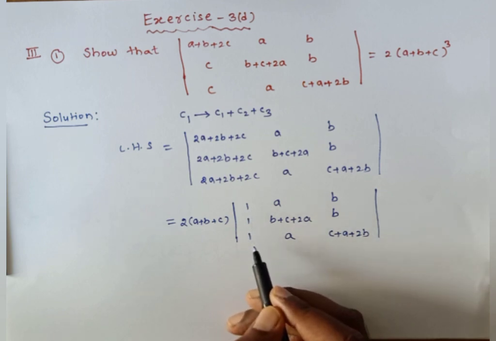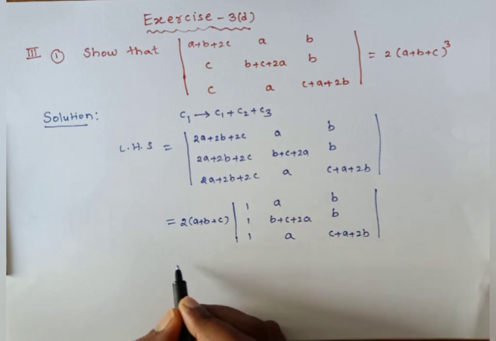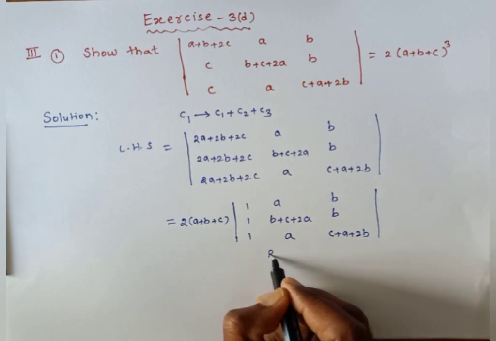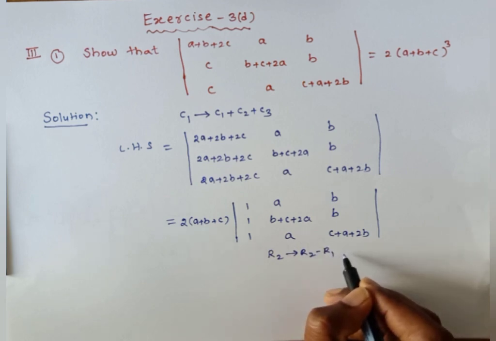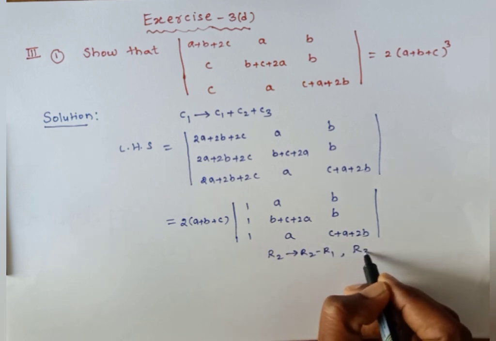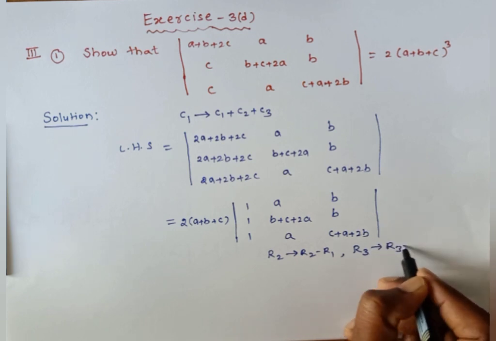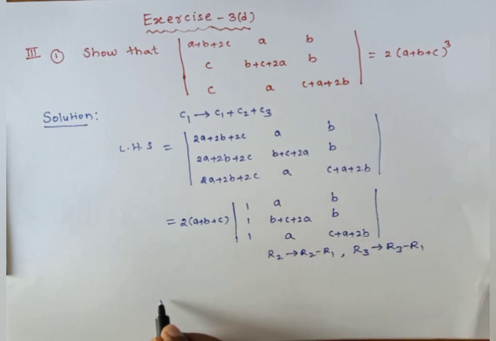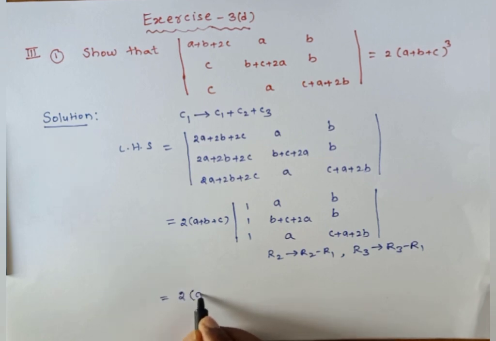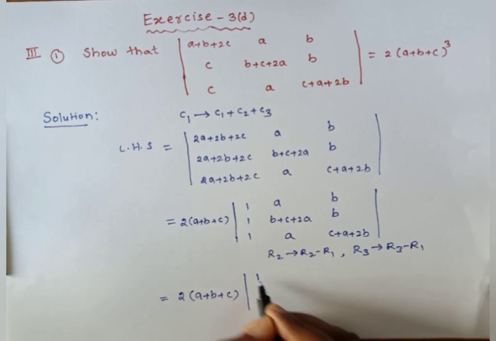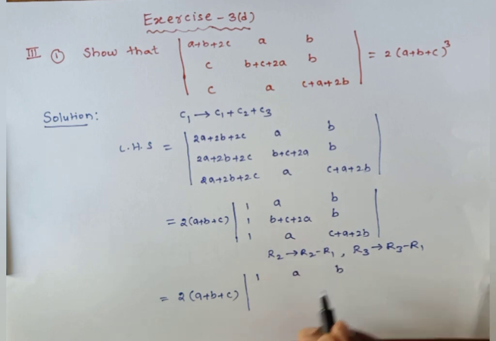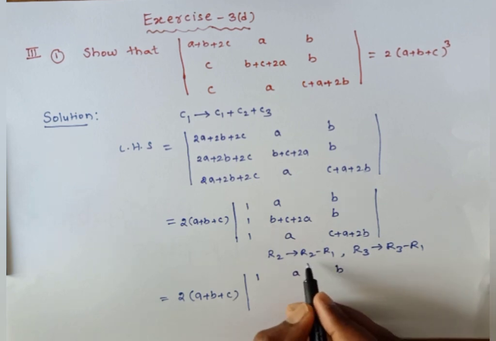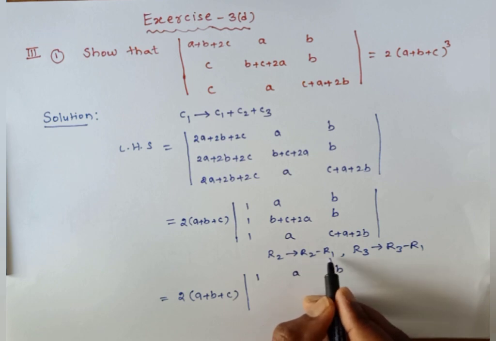On applying the row operation R2 minus R1 and one more operation for row 3, that is R3 minus R1, see here, this is 2 times (a plus b plus c) times the determinant. There is no change in the first row, so first write down row 1: 1, a, b. Now there is a change in row 2 since we are applying row 2 elements minus row 1 elements.